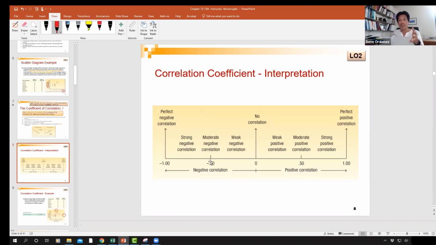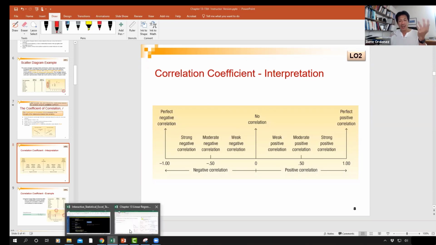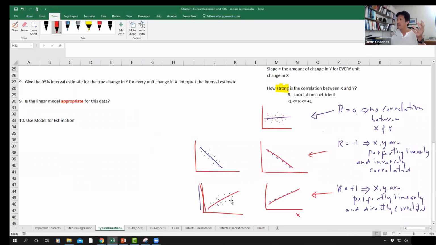Around 0.5, you'll say that it's a moderate negative correlation. And between 0.5 and 0, you'll say that there's a weak correlation. Again, the R value will get closer to 0 going this way or this way, depending on the dispersion of the observed values around the regression line. Are we clear so far?